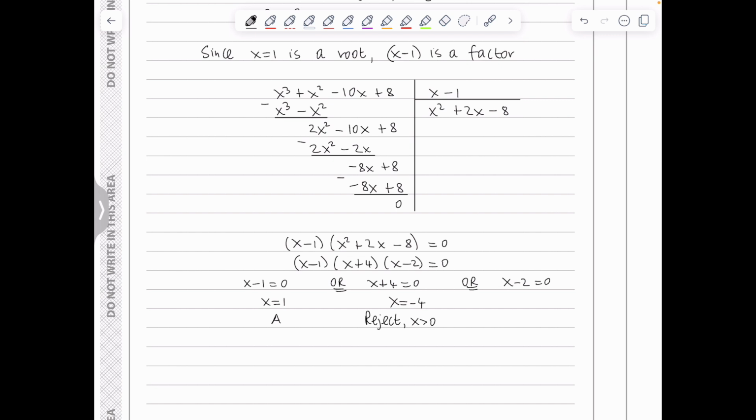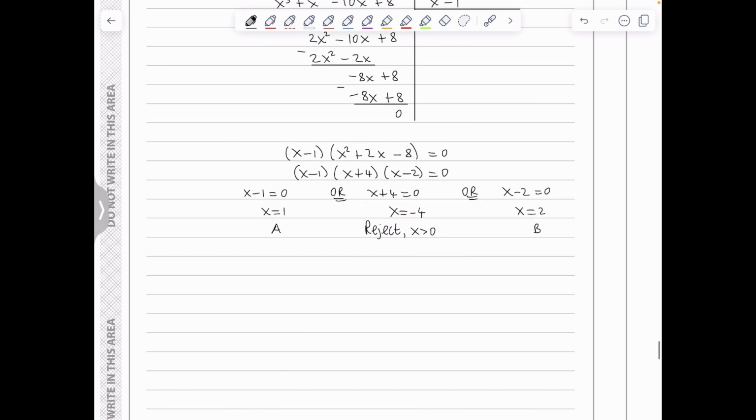And x is 2, which is the x coordinate of point B. So the only thing missing is for me to find the y coordinate of B. So I can simply say that when x is equal to 2, y substituted into x³ will give me 2³, which is 8, and therefore B has coordinates (2, 8).